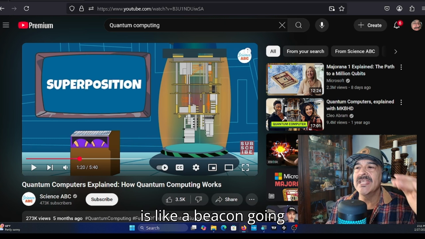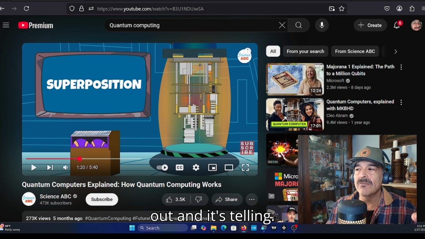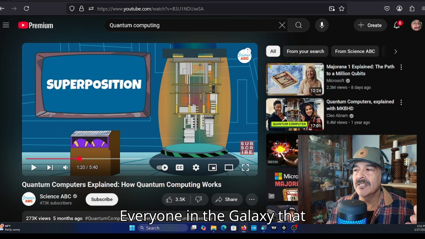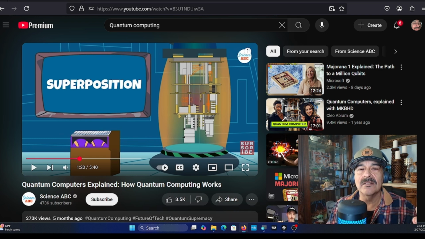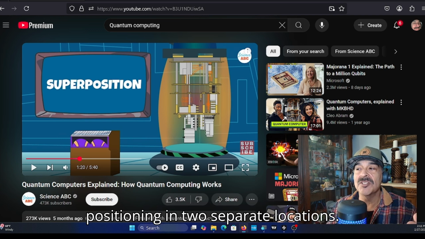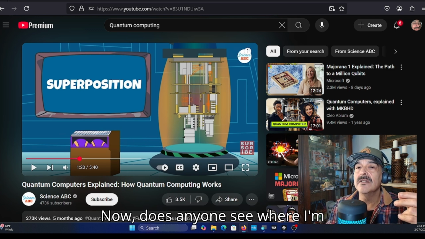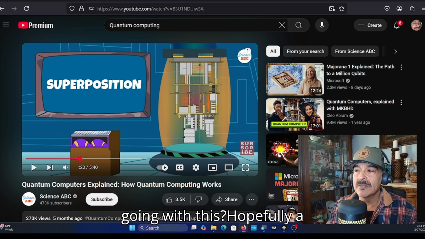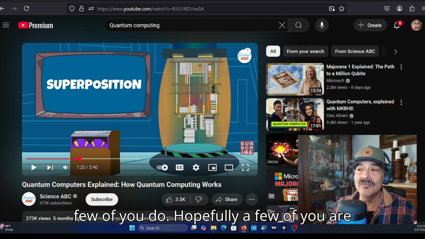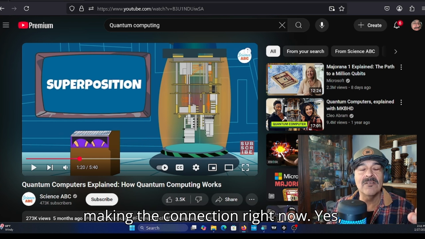It is like a beacon going out, telling everyone in the galaxy that, wow, they've reached superpositioning in two separate locations. Now, does anyone see where I'm going with this? Hopefully, a few of you are making the connection right now.